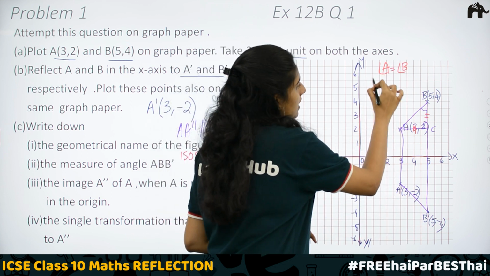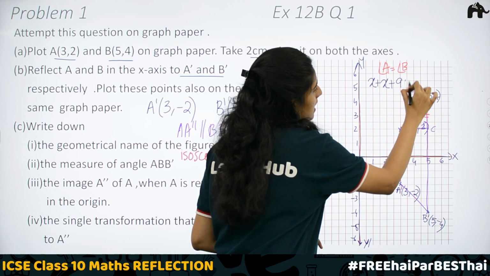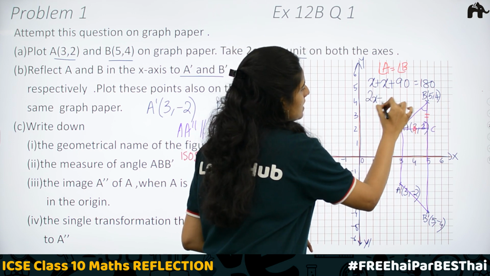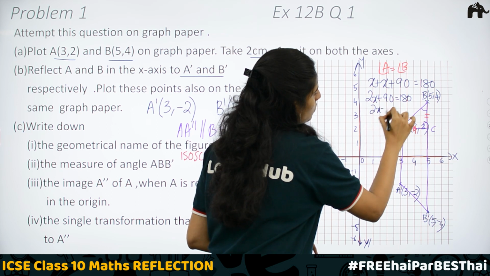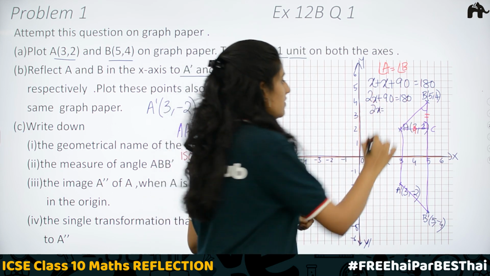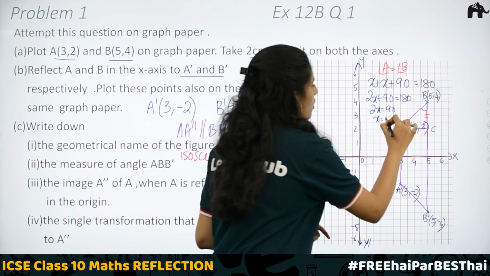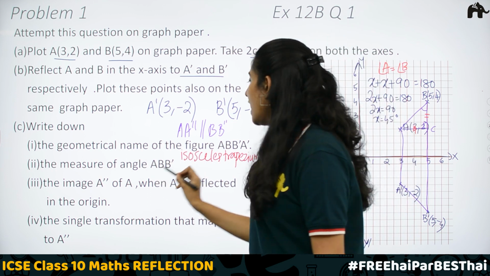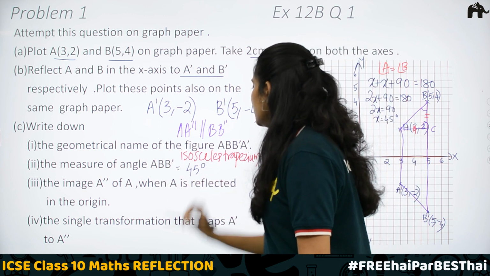So we can write x plus x plus 90 is equal to 180, that is, 2x plus 90 is equal to 180. 2x is equal to 180 minus 90, which is 90, and x is equal to 90 by 2, 45 degrees. We get the measure of angle ABB dash as 45 degrees.